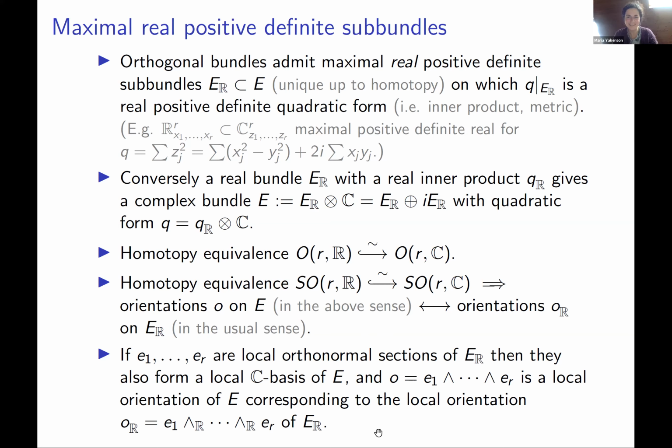Sorry, is there an easy way to see why the inclusion of the real orthogonal group is a homotopy equivalence? Yeah, I'm sure there is, but obviously I'm not going to think of it in public. No, I should know it, but I forgot. Maybe someone else. Maybe Bert knows. What's the best way to say it?